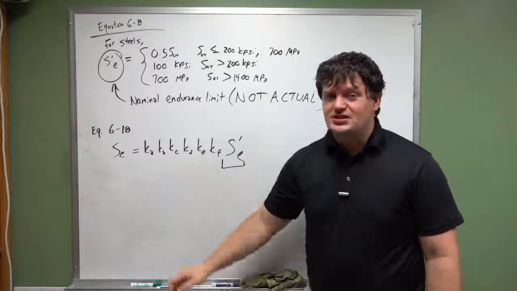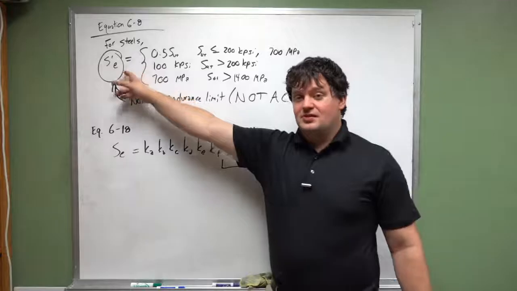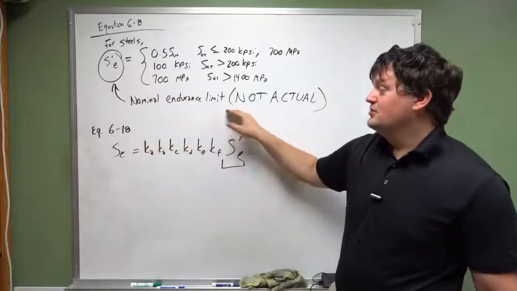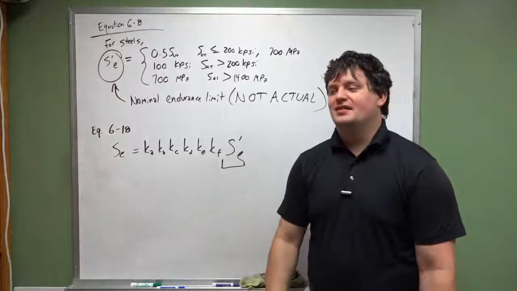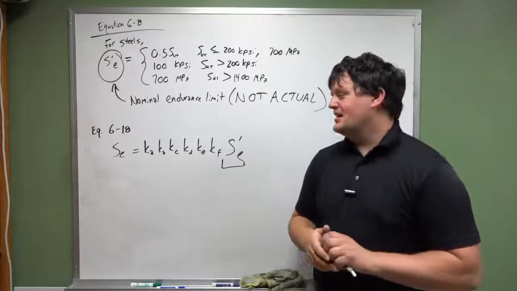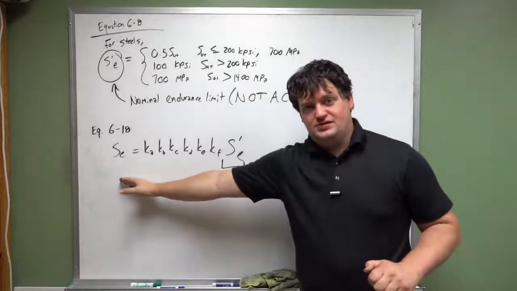You can use every single one of these, and each one of them modifies our estimated nominal value to find the estimated actual value. A little bit confusing, but again, you use this here to find this.